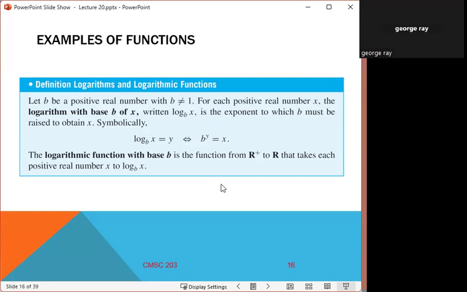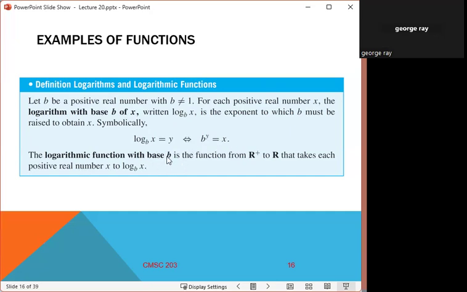So it comes out just the same in both cases. And logs are another example of a function. A logarithm of base b of a particular number x is the exponent you raise b to in order to get the value x. So log base b of x is going to be that exponent y, where b raised to the y equals x.